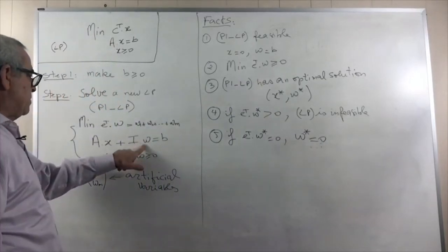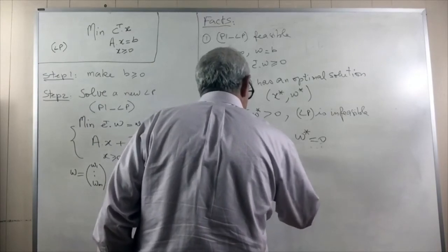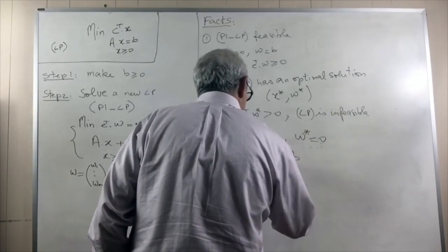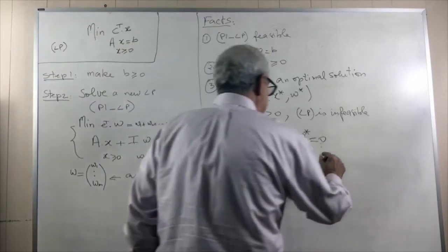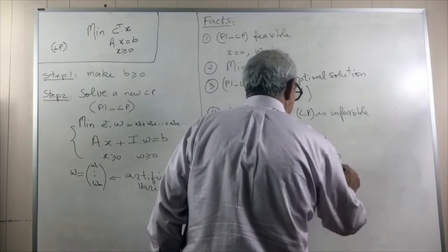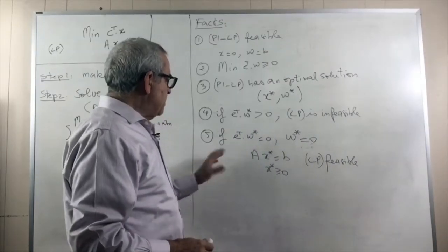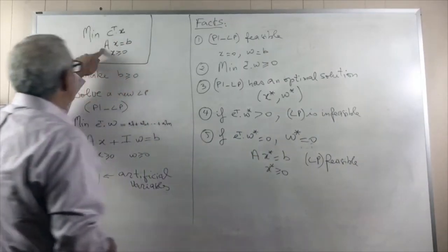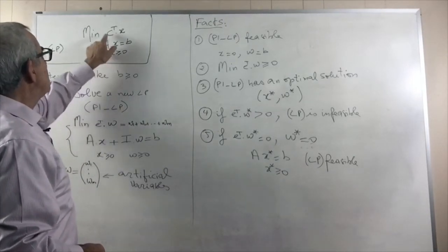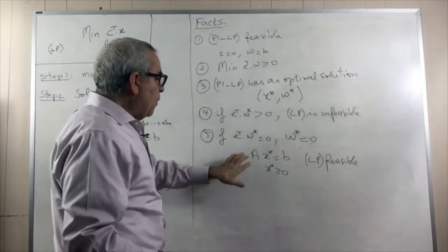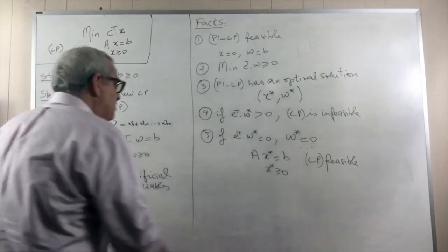And if W star is equal to 0, then A X star is equal to B, X star greater or equal to 0, which tells us then the LP is feasible. So in this case, we have a solution to our system of equations in the LP. And of course, we need to find the solution that minimizes it, so in this case we do need to have a simplex tableau for this. Now let's do fact 6.